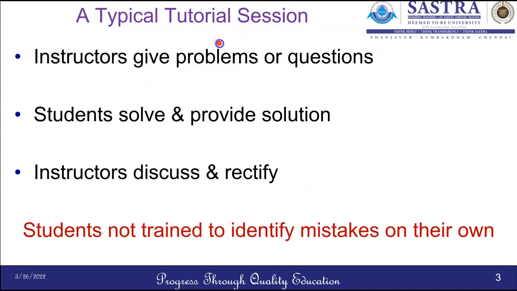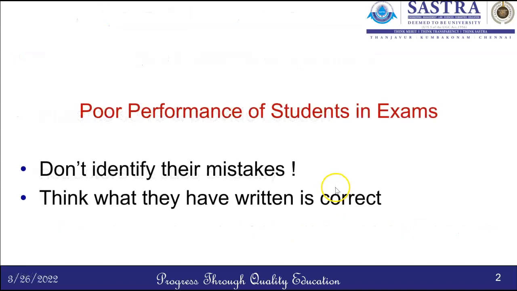So in this model of a typical tutorial class, students are not trained to identify mistakes on their own. It is the instructor who helps the students identify the mistake. That means even in the examination hall, students will not be able to identify their mistakes, because they are not trained in that manner.